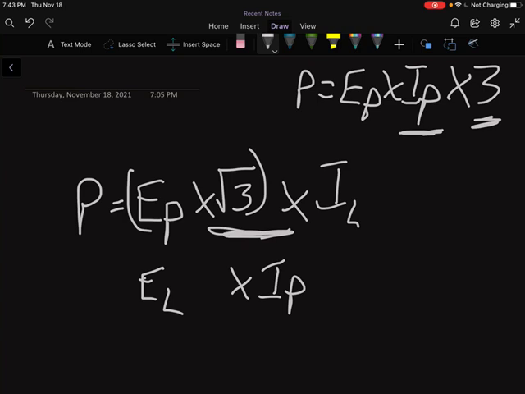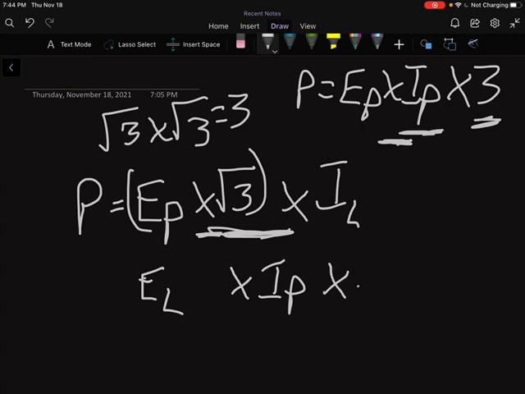We had just talked about that root 3 times root 3 is equal to 3. We've only multiplied by one root 3 to find a line value. So if the difference between this formula right now and this formula right now is simply root 3 more, we can then add to this formula another root 3.